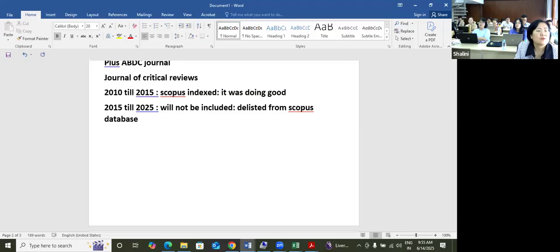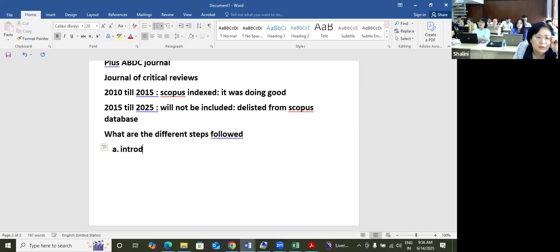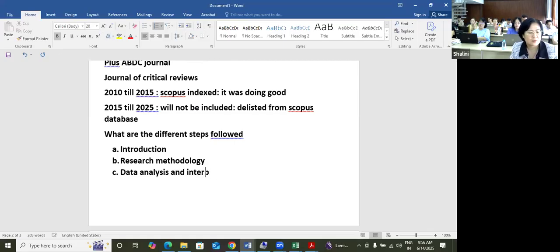What are the different steps followed? What is the first? Introduction. Second is the research methodology. Third is the data analysis part and interpretation. Next is the discussion section. Next is the implication of the study.